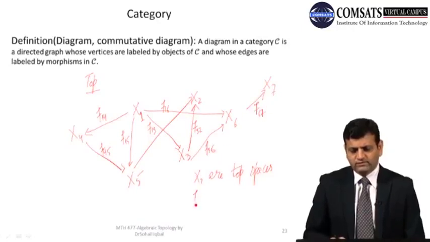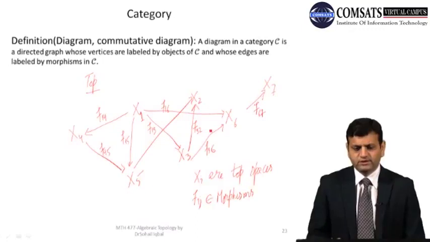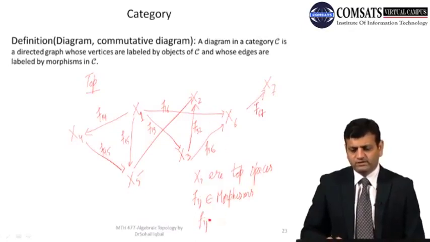All these f_ij's are elements of the morphisms. So these are morphisms between the topological spaces. In other words, these are all continuous maps. So the f_ij's are continuous functions.